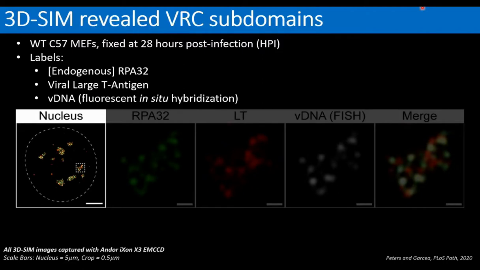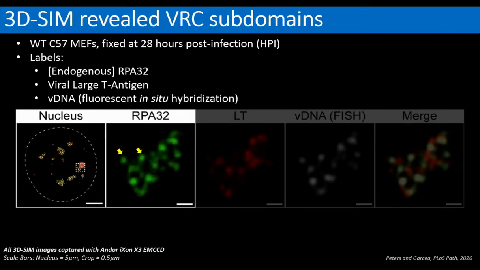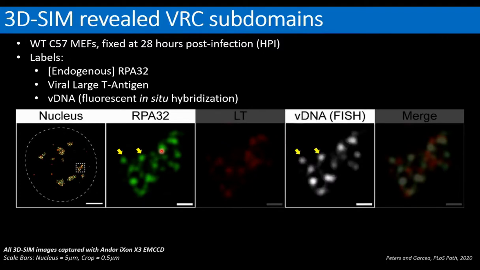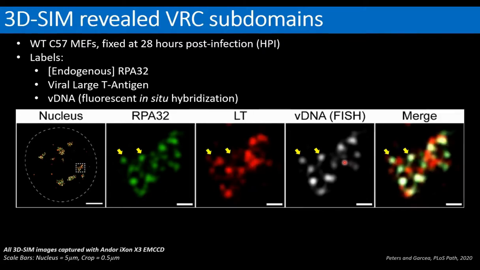This is what a typical infected cell looks like at this time point, and I've zoomed in on this one VRC. First, I saw these RPA foci, which was consistent with the results I showed you earlier from the transgenic cell line. Interestingly, the FISH signal overlapped viral DNA really well, but large T antigen did not.